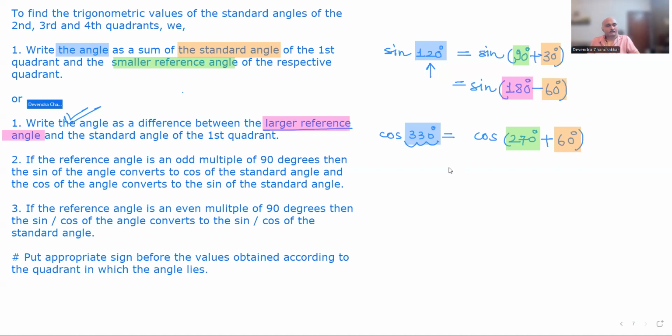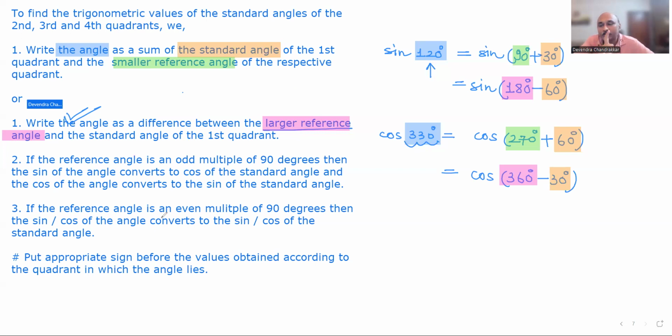For this one, 360 minus 30. Very good. Now let's use the second rule.